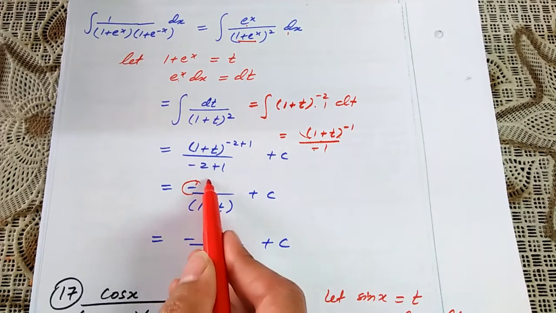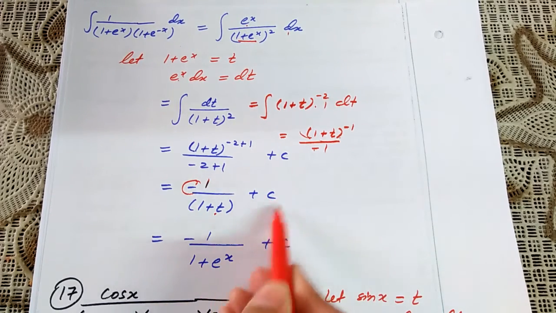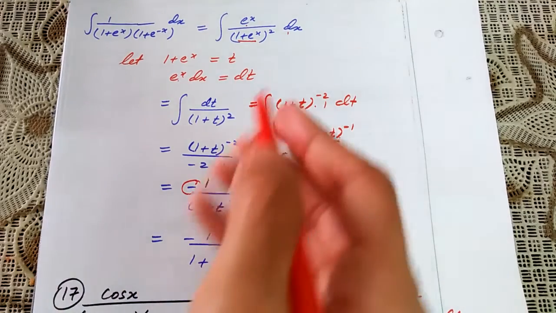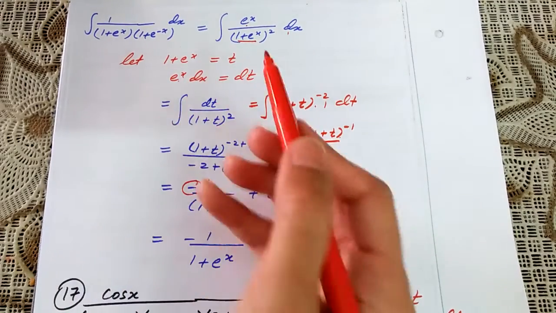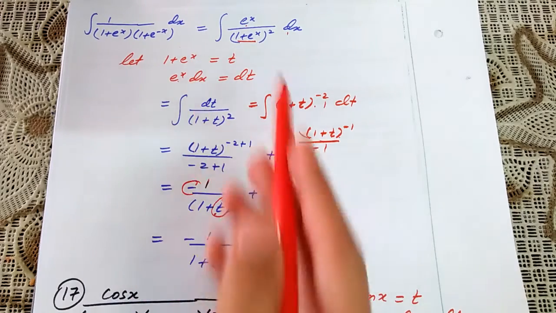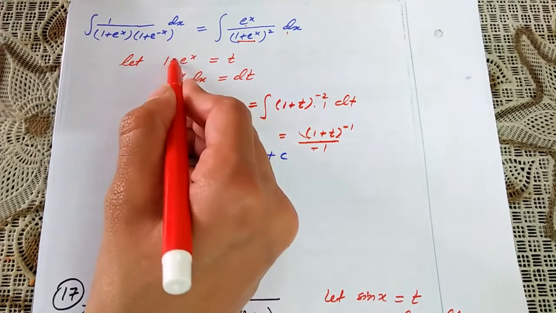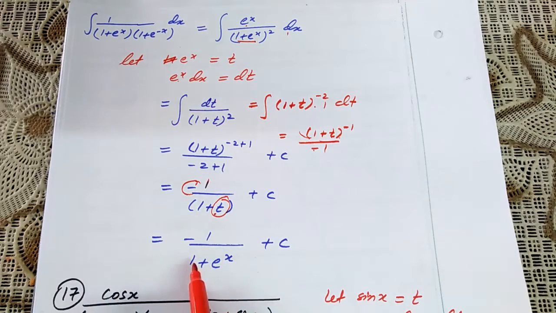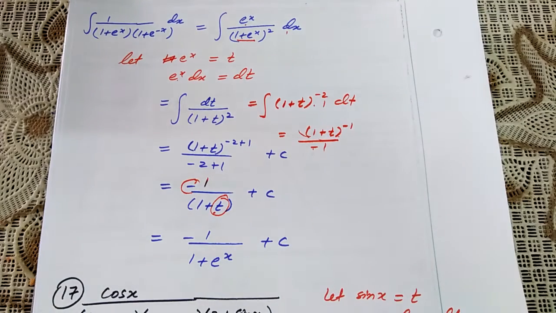We'll get minus 1 over 1 plus t plus constant of integration. Now t is equal to e raised to power x. So we'll get minus 1 over 1 plus e raised to power x plus constant of integration.